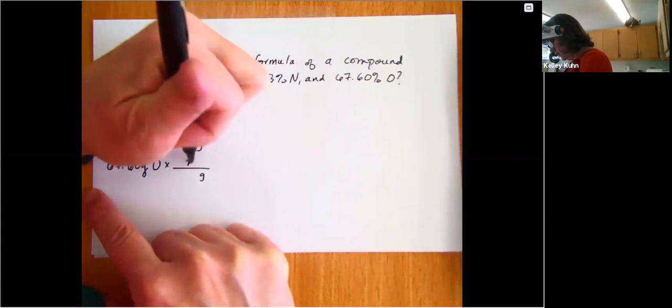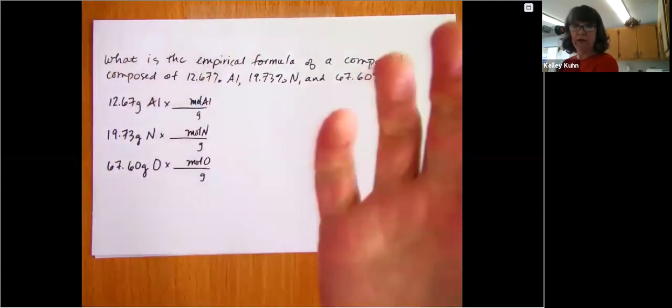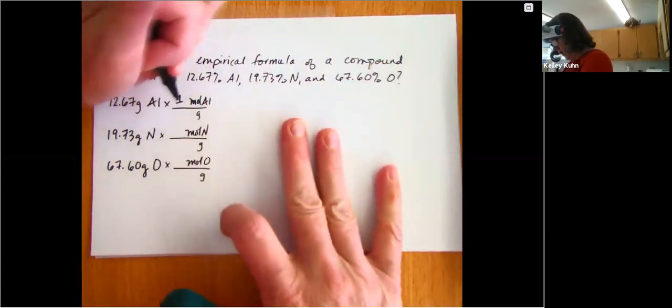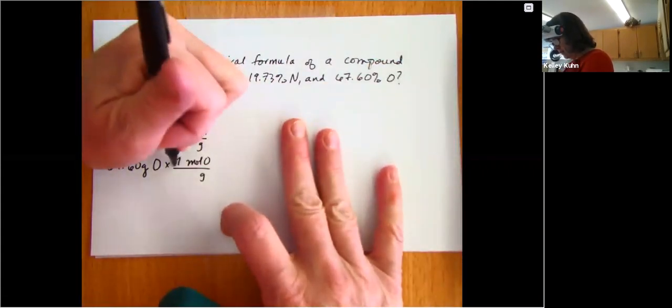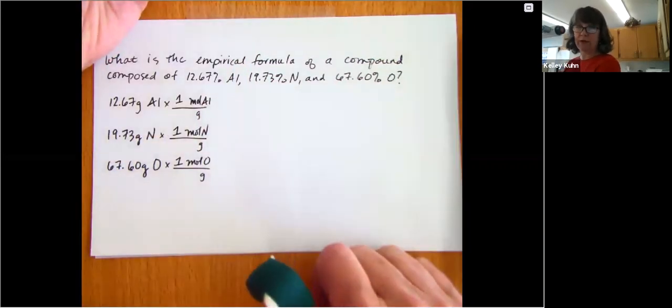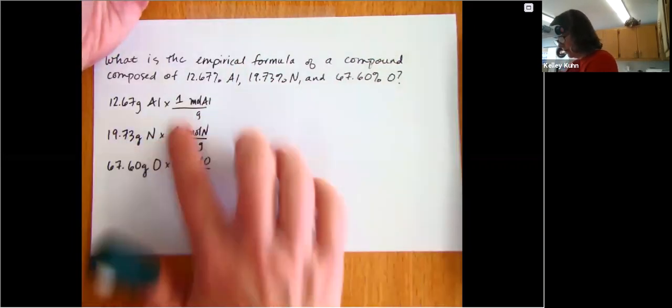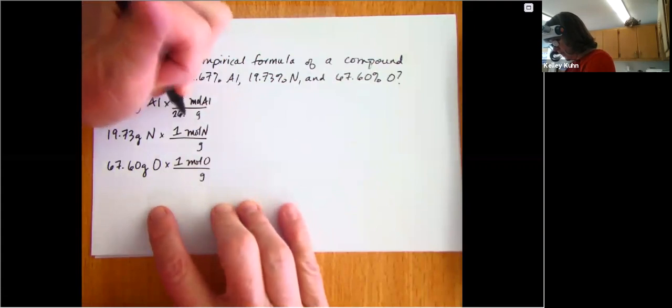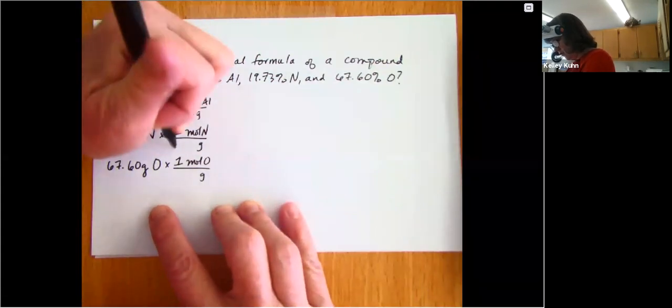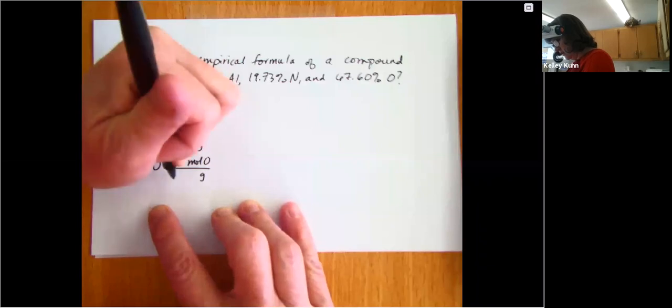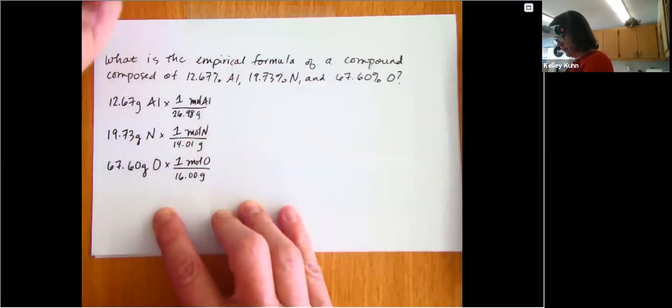What number always goes with moles? 1 in a conversion. And where do we always get the number for grams? Well, that's from the molar mass on the periodic table. So if we look up aluminum, it's 26.98. Nitrogen is 14.01, and oxygen is 16.00.